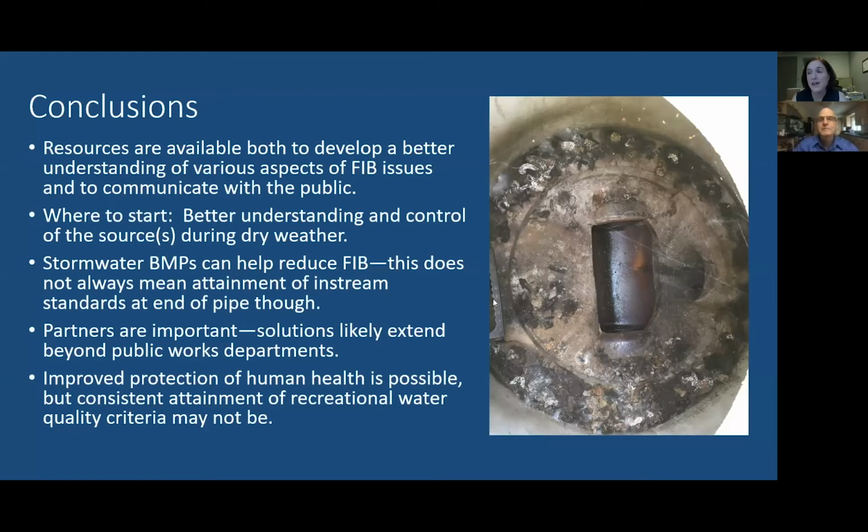Yes, I think a lot of us who had been following EPA's 2012 recreational water quality criteria update were really hoping that there was going to be some way for EPA to differentiate among sources of bacteria as part of the standards or criteria development process.